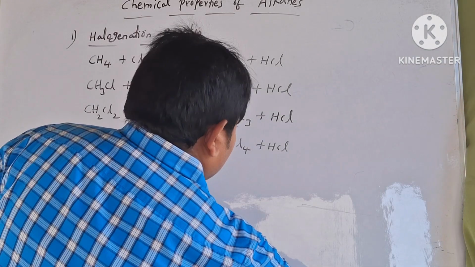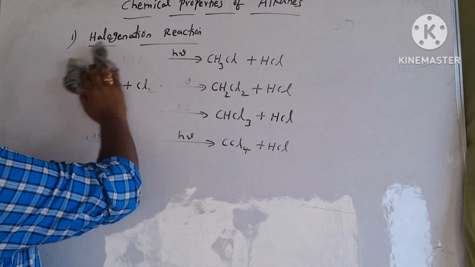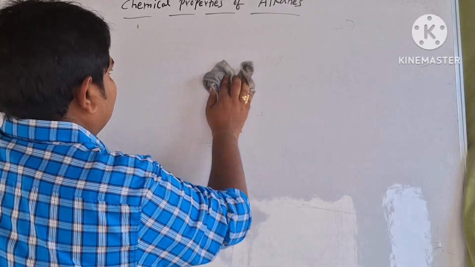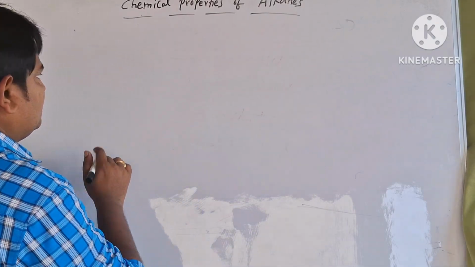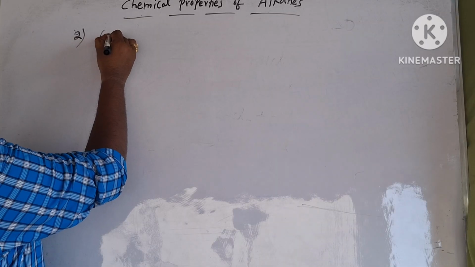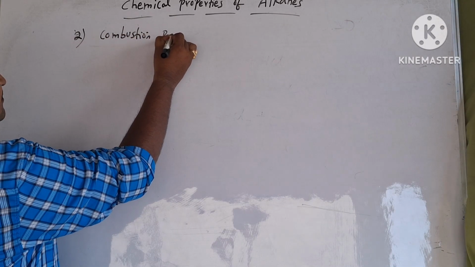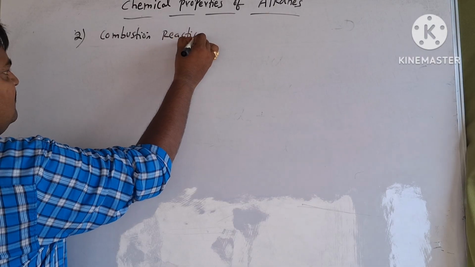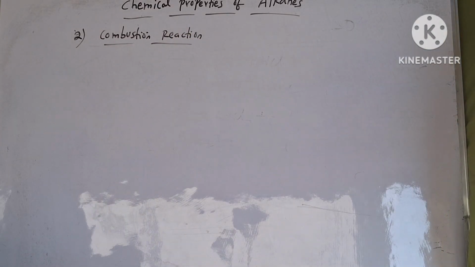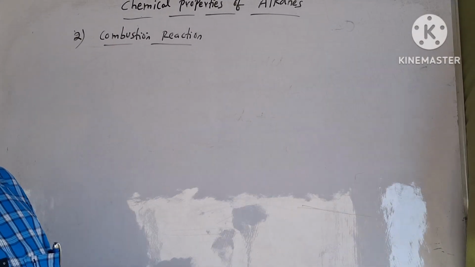The second very important chemical property of an alkane is named the combustion reaction. Alkane will undergo the second very important reaction. It is named the combustion reaction. You know already what is meant by combustion. Whenever a hydrocarbon reacts with oxygen, it will produce carbon dioxide and water.